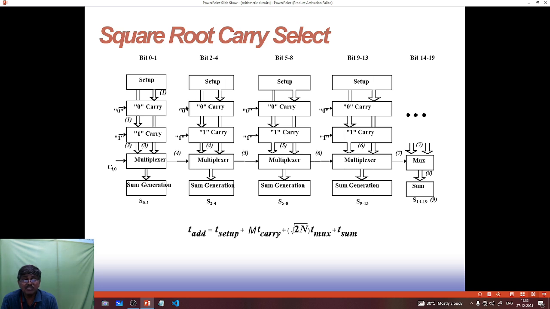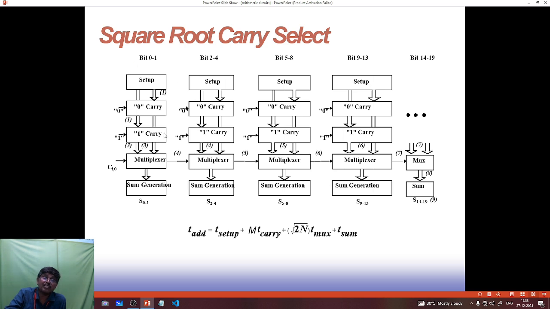So when you are reducing such delay, what happens? We minimize the power dissipation, and the speed will definitely increase. That is why the square root carry select adder minimizes the number of delays as well as the delay time, the speed increases, and power dissipation is reduced.